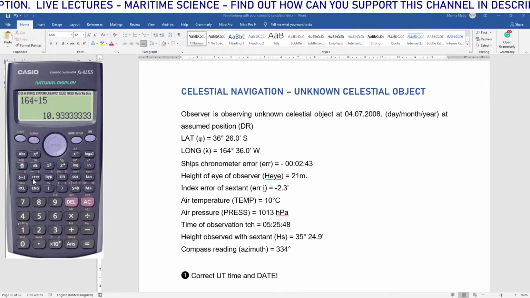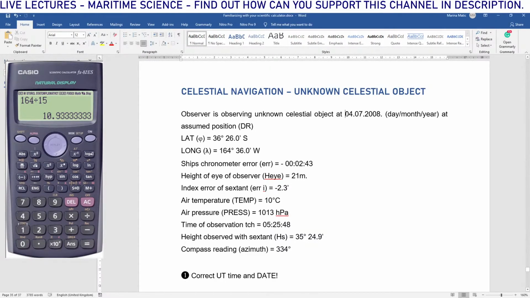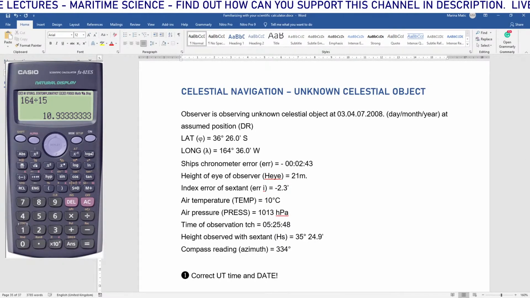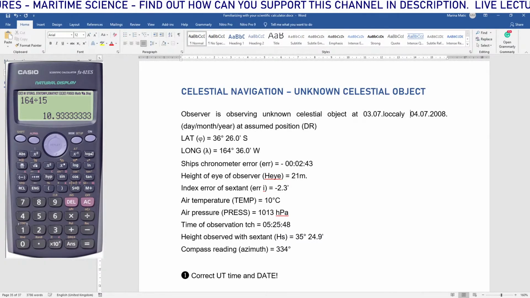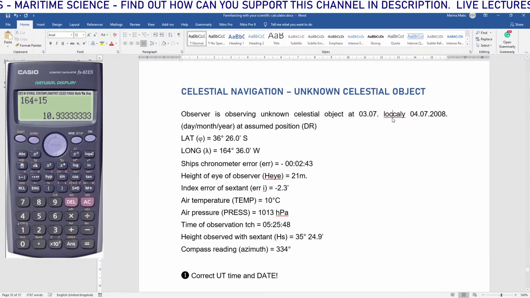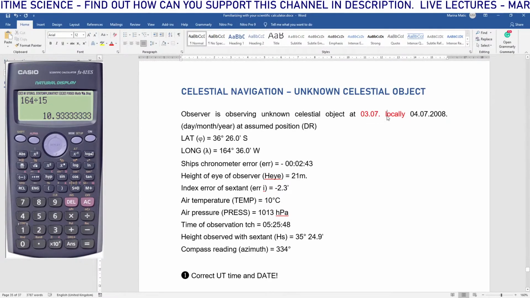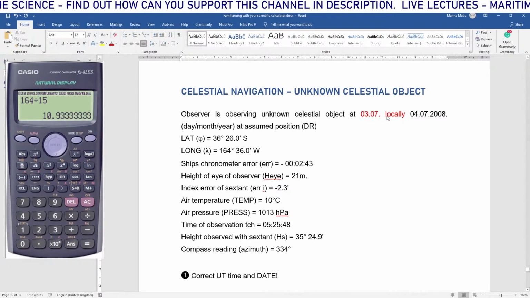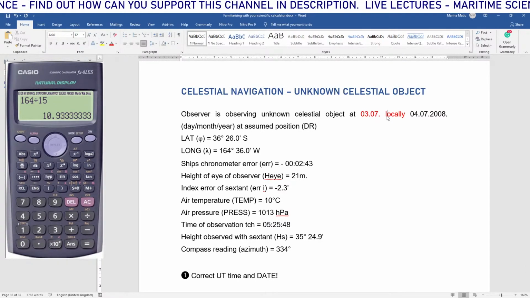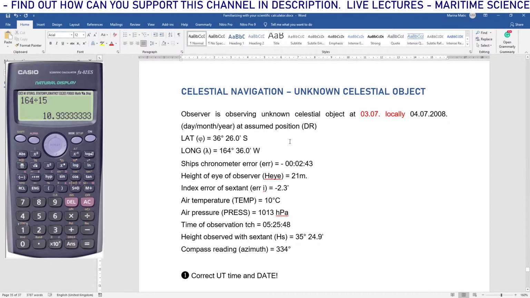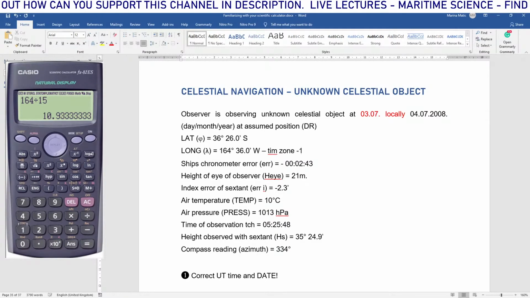So our time of observation is, okay, I'm going to make a note here, 03:07 locally. So that means when we are observing this unknown object, our date is 3rd of July, while in Greenwich it is already 4th of July. The reason for this is time zone minus 11.